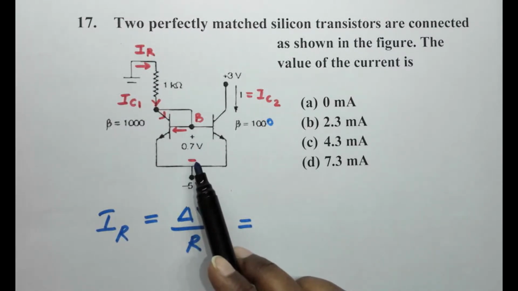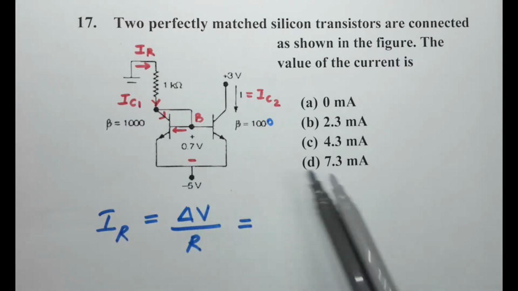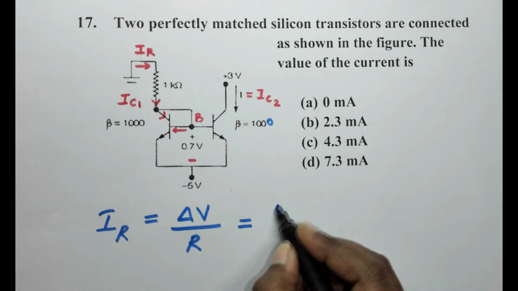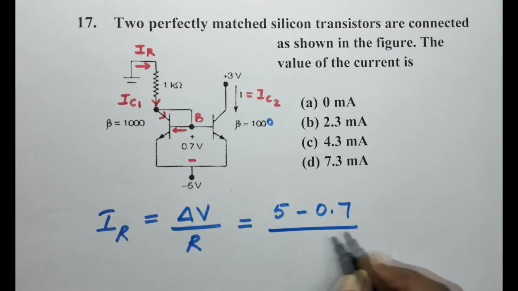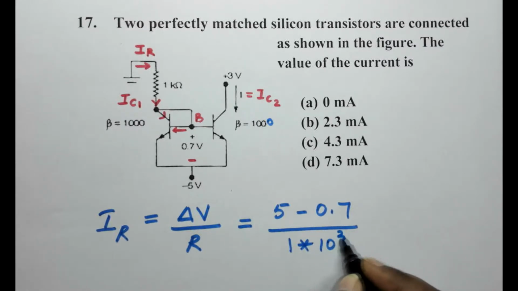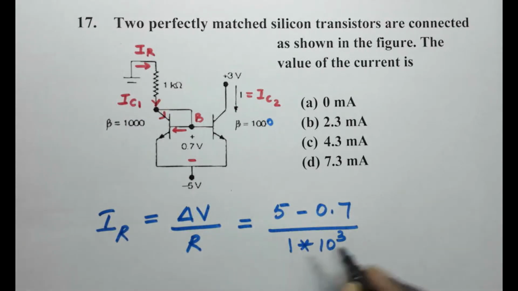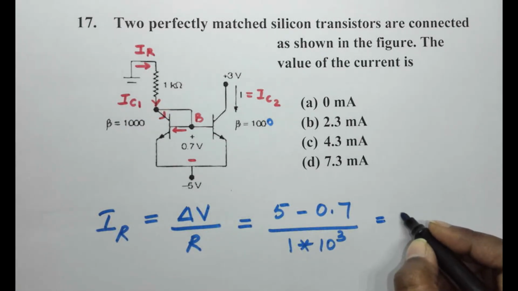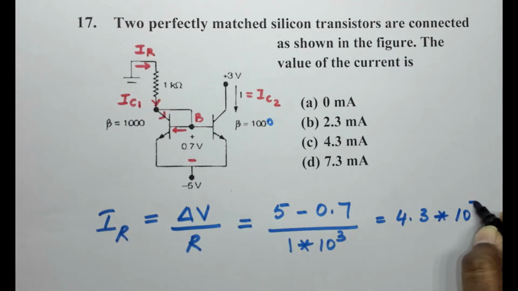So minus of -5 minus 0.7 is the difference. So that's 5 minus 0.7 divided by resistance, which is 1K. So if you solve this part, we will get the current that is passing through the resistance, which comes to 4.3 into 10 power minus 3 amps. This is the current of the resistance.